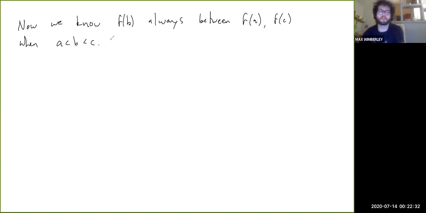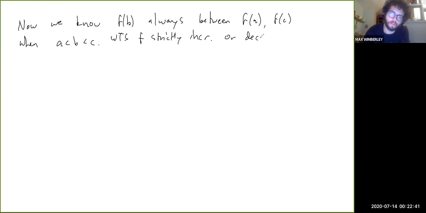So now we want to show f is strictly increasing or decreasing. The problem is, it's hard to show directly from this that it's either strictly increasing or strictly decreasing, because we just don't know which of the two it is. We haven't gotten any information about that.